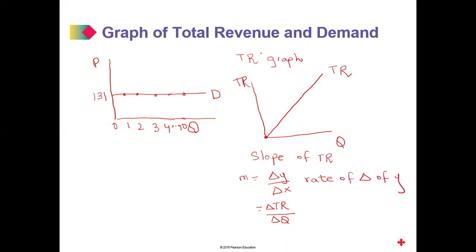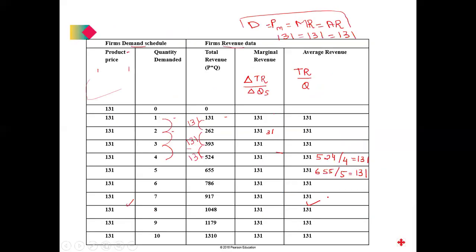So recall that this formula is actually marginal revenue. This is telling us the change in total revenue when the quantity changes by 1 unit. So the slope of total revenue is marginal revenue. And you can observe from the table that the marginal revenue is the same throughout.